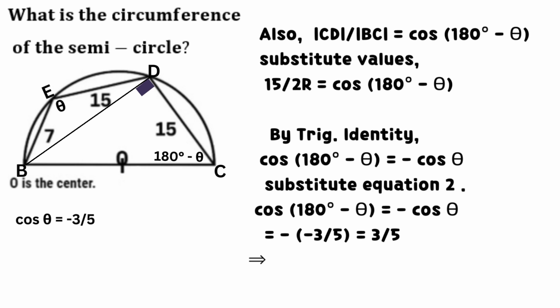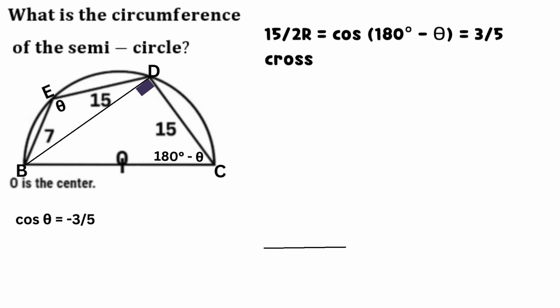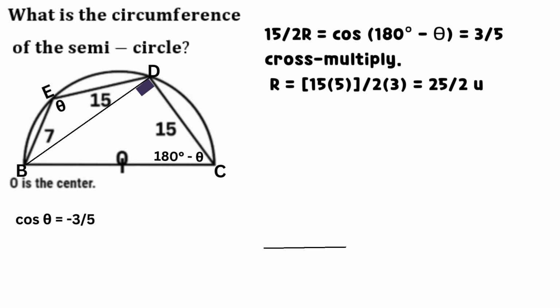Substitute equation 2 and we have that cosine of 180 degrees minus theta equals 3 divided by 5. After substitution and simplification of values, 15 divided by 2 times r equals cosine of 180 degrees minus theta, which equals 3 divided by 5.